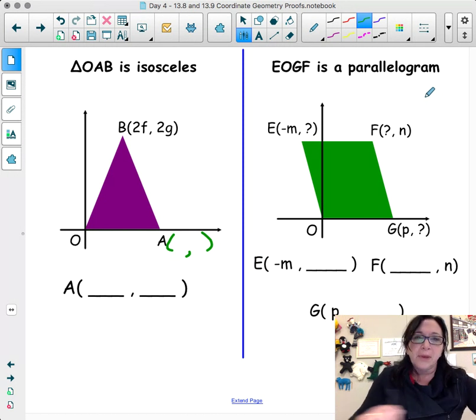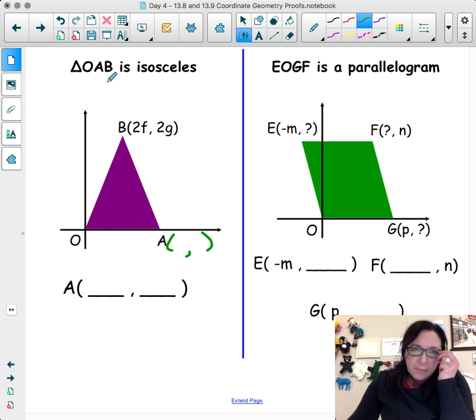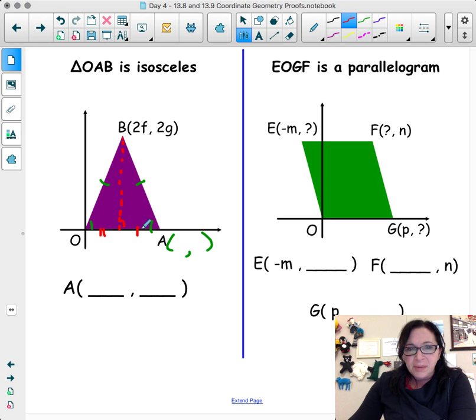In doing that, the first one says OAB is an isosceles triangle. This being an isosceles triangle, it means these two sides are congruent. It also means these two angles are congruent. Now, in addition to that, because it's isosceles, if I were to draw my altitude straight down like this, it would actually divide my base into 2 equal parts. Well, see how this is the point 2F?